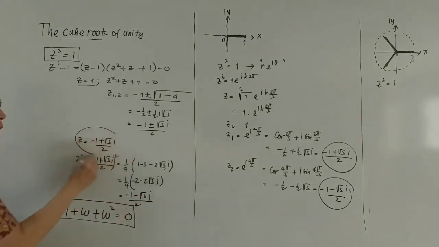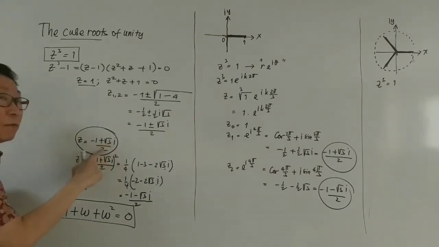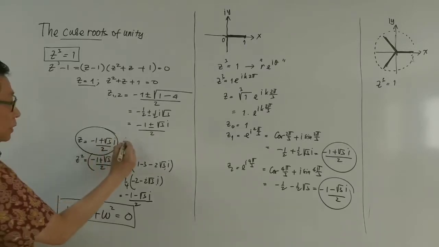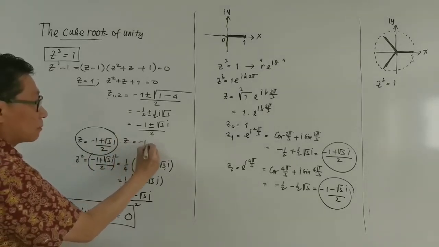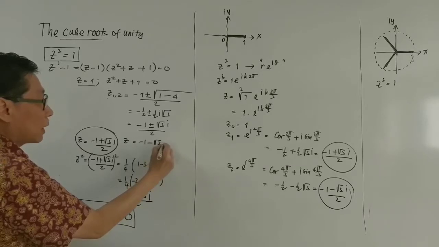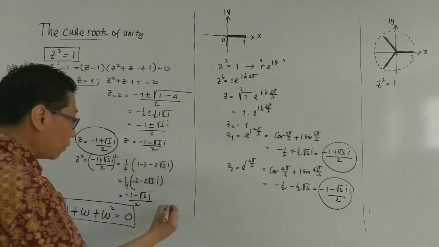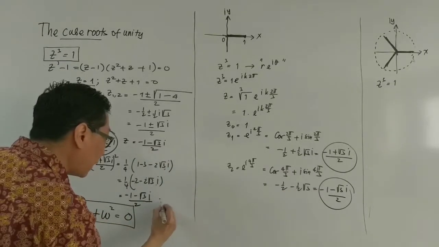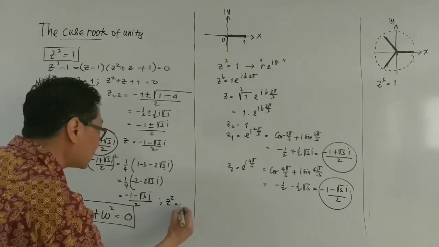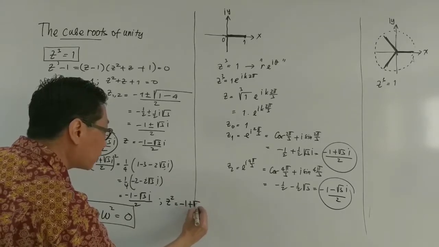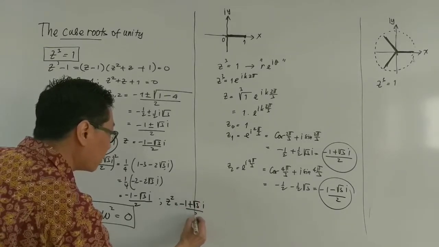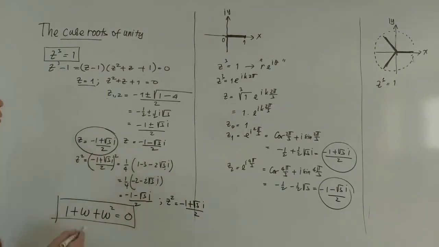Then if we choose z as minus 1 minus square root 3i over 2, we can find z squared is minus 1 plus square root 3i over 2. It's the same.